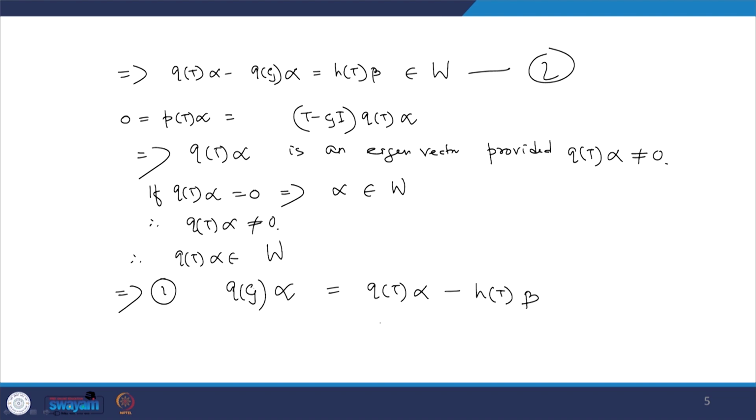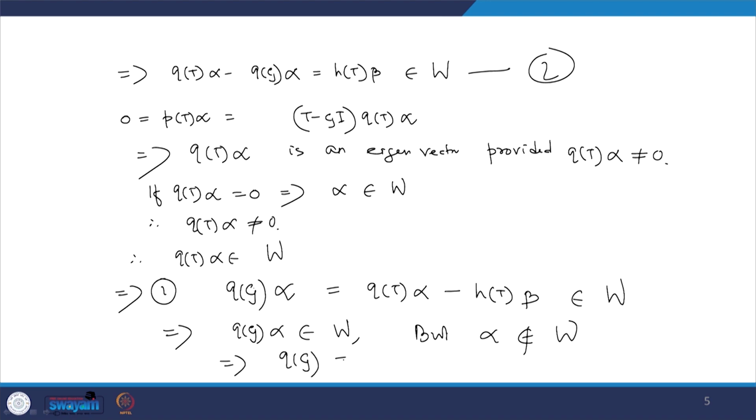On the right-hand side each of them belongs to W. This also belongs to W, because Qt alpha belongs to W and Ht beta also belongs to W. Therefore, Qt alpha minus Ht beta belongs to W. So this implies Qcj alpha belongs to W, but alpha does not belong to W. So what does this imply? Qcj must be equal to 0.